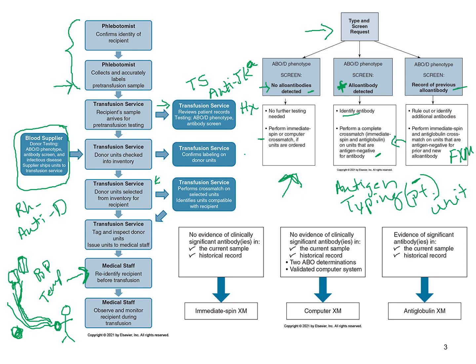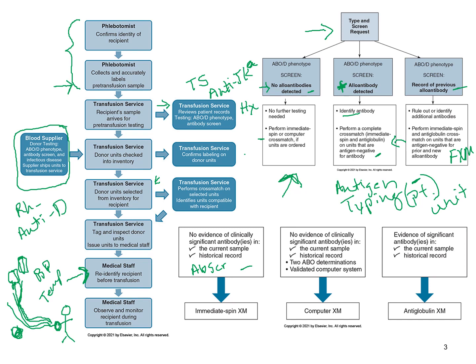So if you've decided that there's no evidence of clinically significant antibodies, so in other words, your antibody screen is currently negative, and the history, there's no kind of major issues based off the history, no previous antibodies in the history or anything like that, then you can just do that immediate spin cross-match.